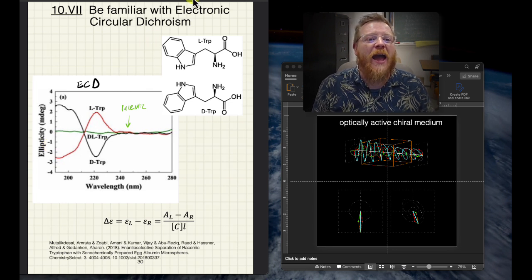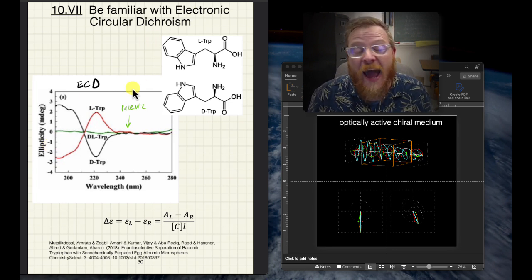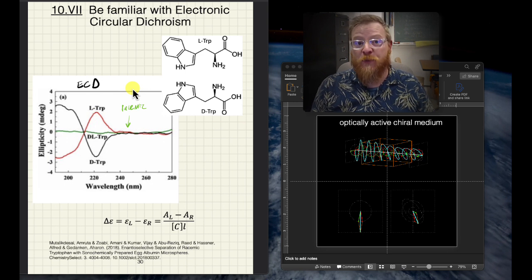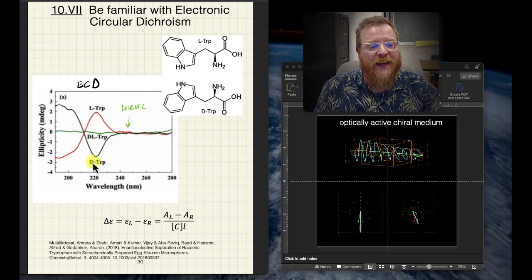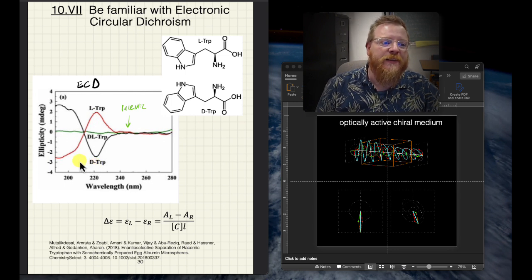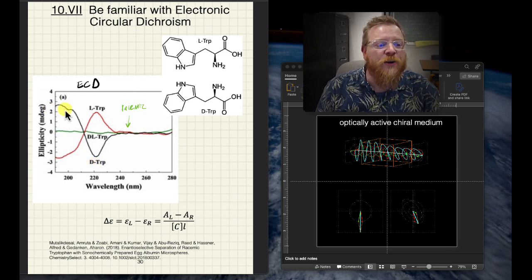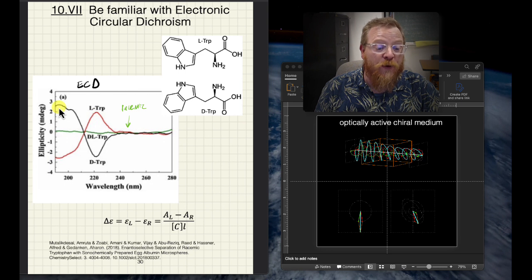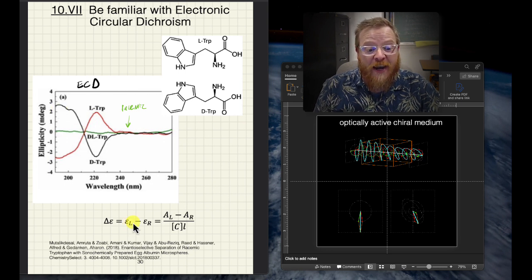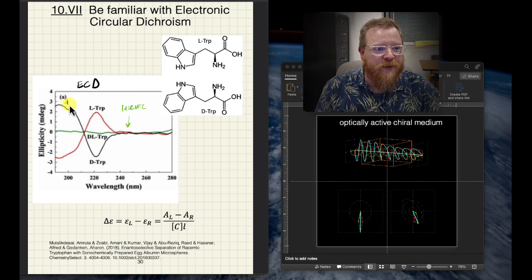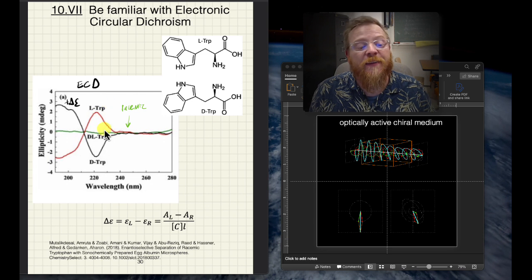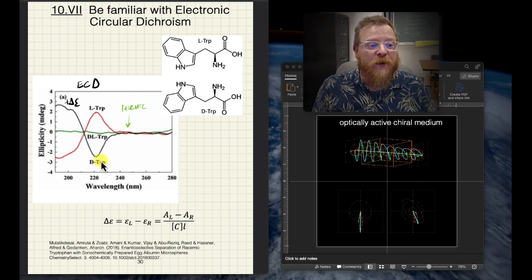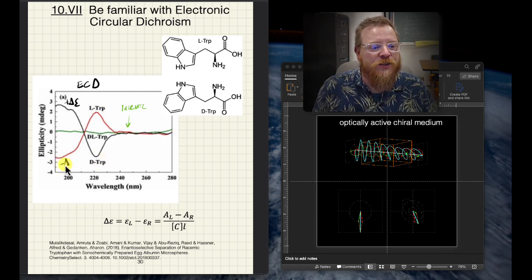However, if we have an enantiomeric excess or even just a pure enantiomer, we would see the following. For example, in D-tryptophan, this feature out here at 200 nanometers is preferentially absorbing left-handed light over right-handed light, right? Because it's a positive delta epsilon value. However, in the opposite enantiomer, we would see a mirror image.